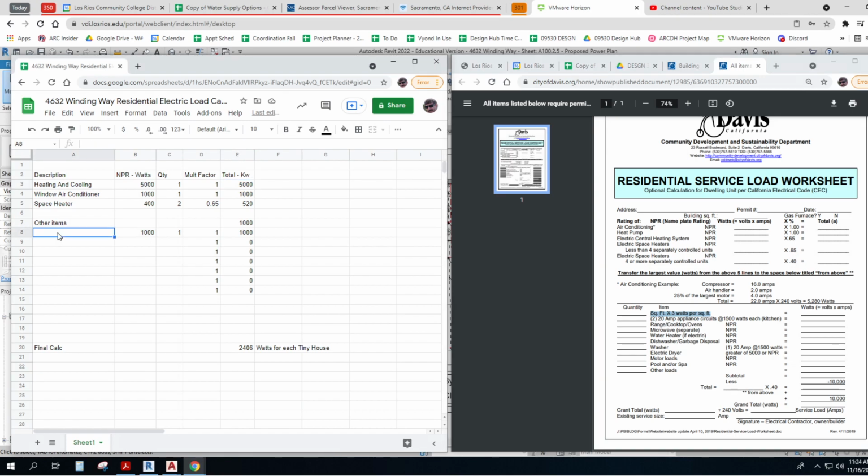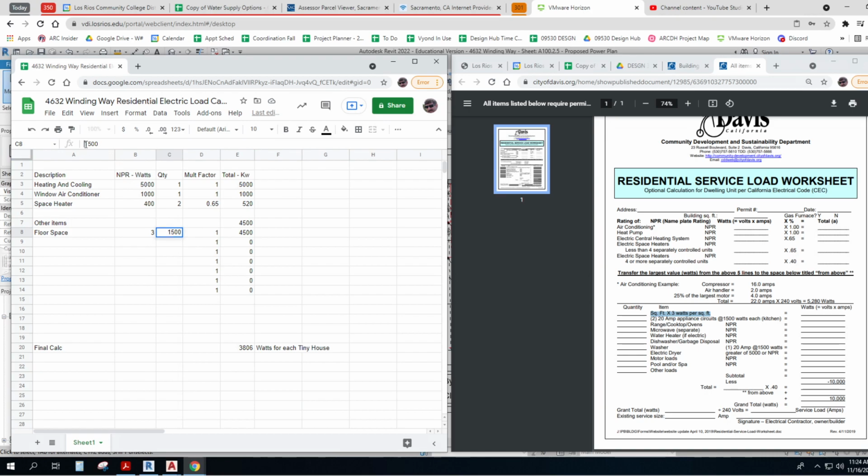Okay, so I've got floor space. And it's 3 watts per square feet times, what's my main residence? 1,500. But I want to add in my tiny house.